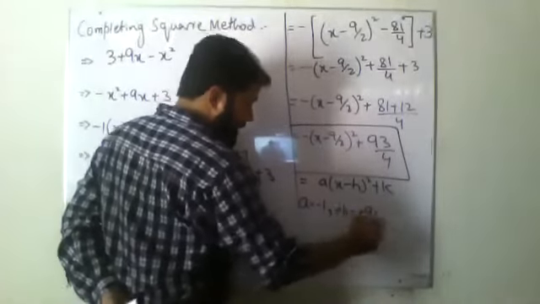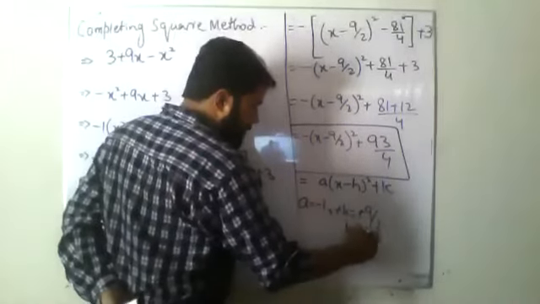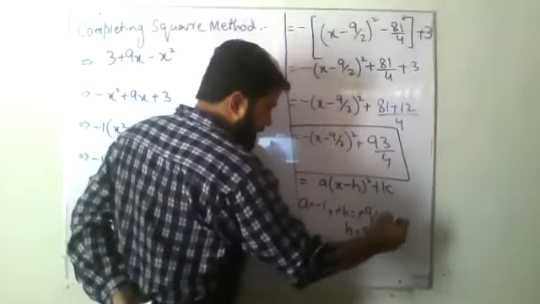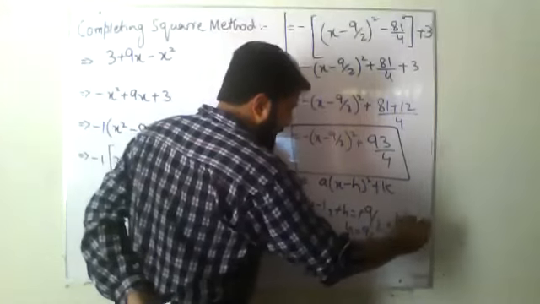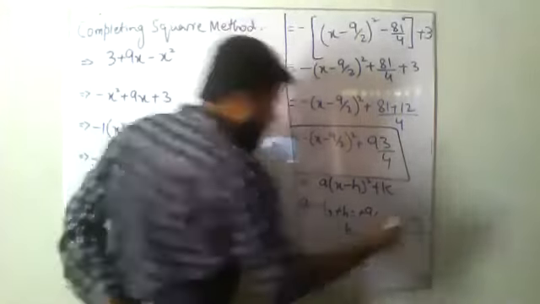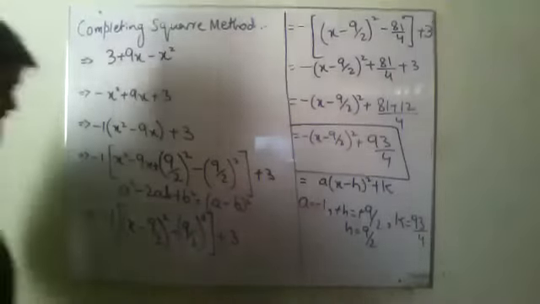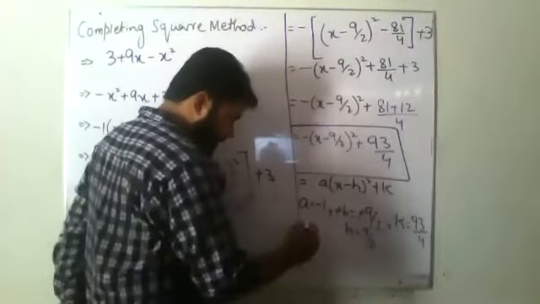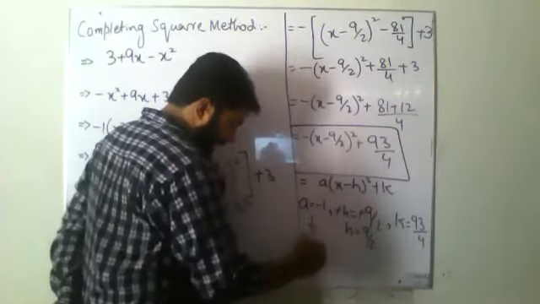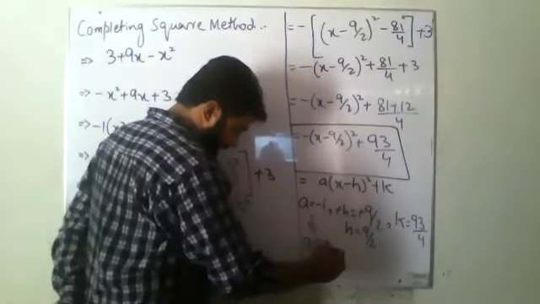Minus and minus will cancel, so h will be equal to 9 over 2, and k is coming 93 over 4. Okay, this is given to me. Now, first thing, a is less than 0.